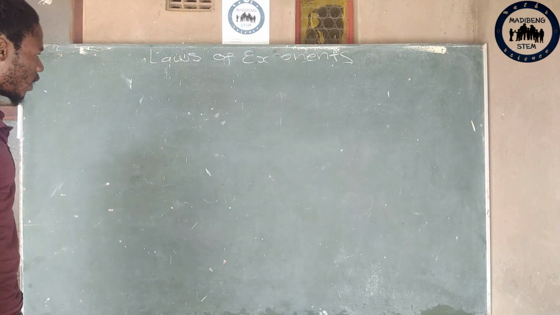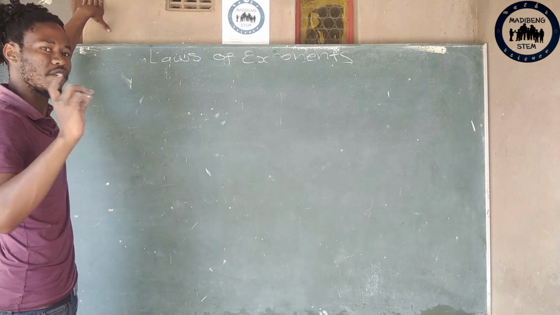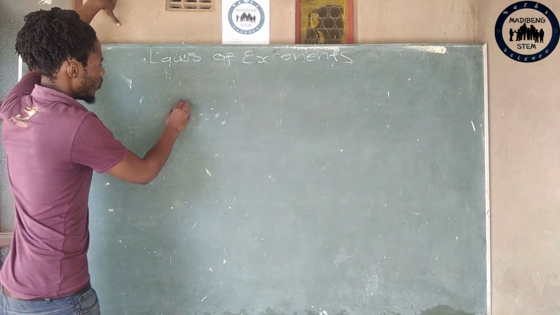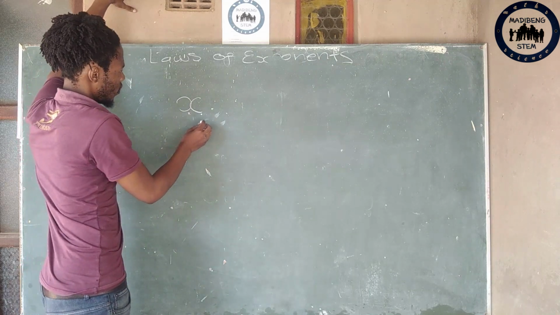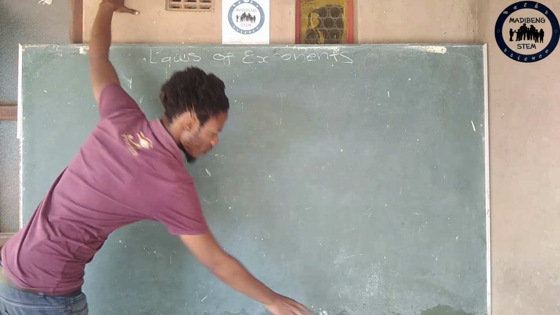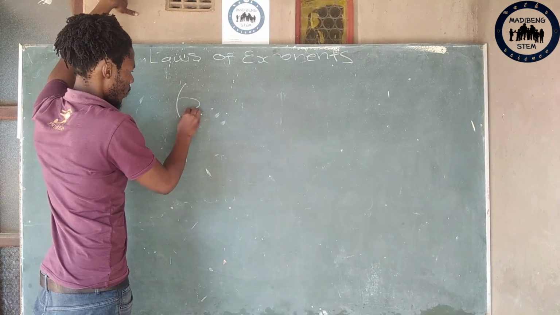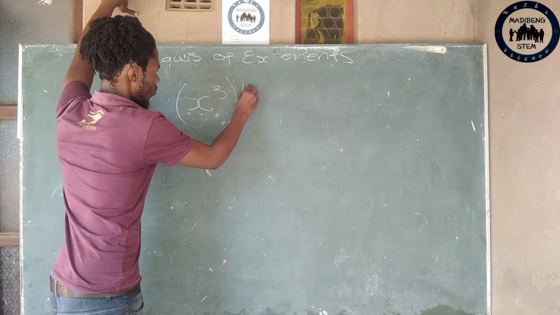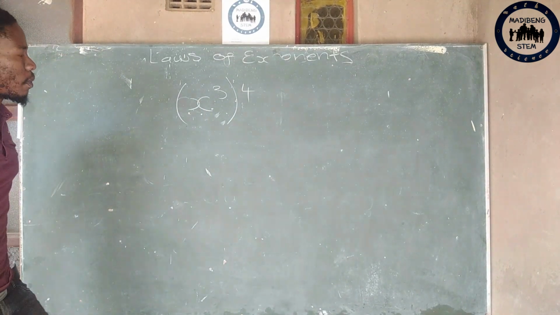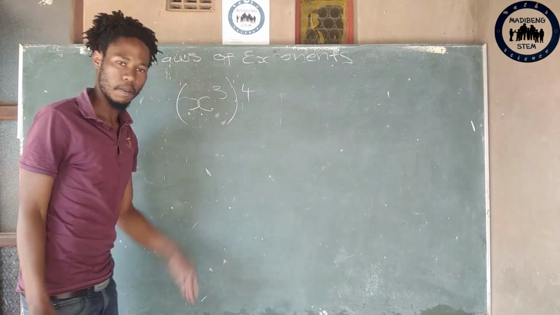So let's do the next one. What if we don't have the same base now? Let's start with this one: x to the power of 3, and we raise this power to the exponent of 4.